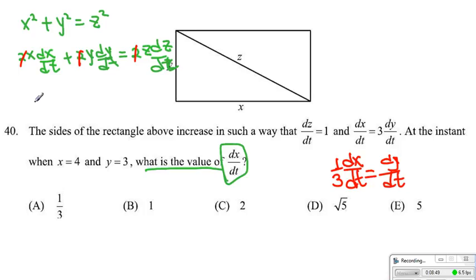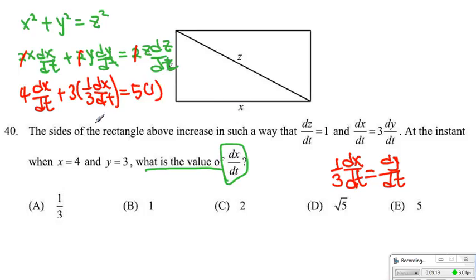Now, when we're plugging everything in, when x equals 4, dx dt, plus y being equal to 3, and dy dt is equal to 1/3 dx dt, equals z. Now, since the 2 sides are 4 and 3, then z must be equal to 5, and dz dt, as you can see, is equal to 1.